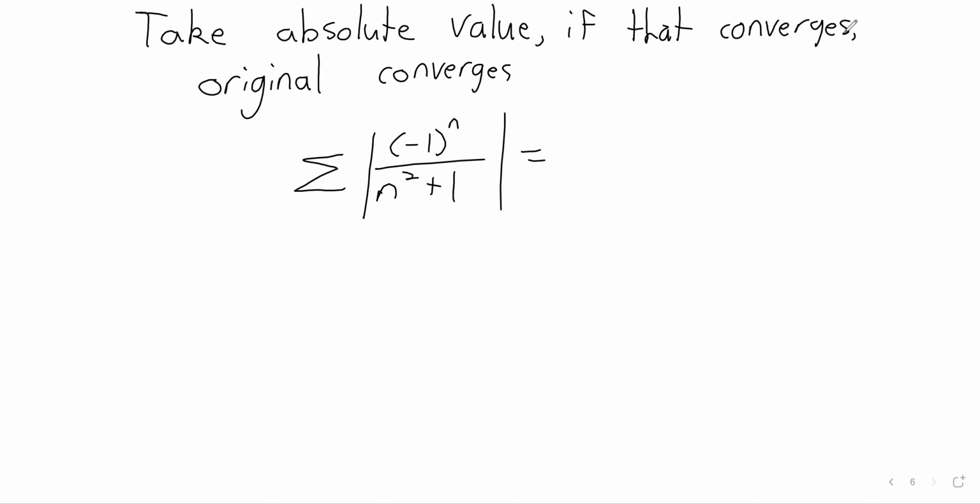The absolute value makes the negative sign go away. This top is either -1 or +1, depending on what n is. When we have it inside an absolute value, it becomes this.